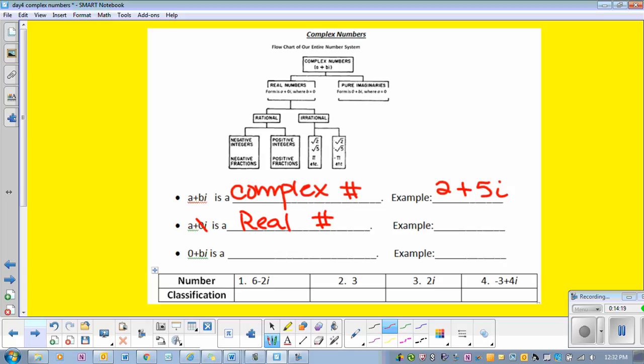Example 3: 0 plus bi. Bi has an i, so that's the imaginary part, the imaginary number. For example, give me your favorite number. 32. Okay, 32i.